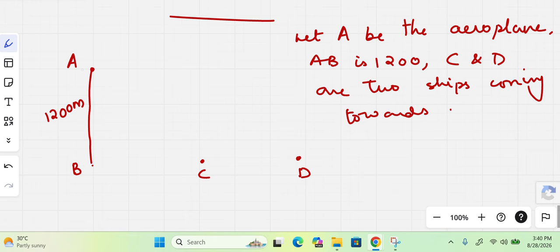Is that correct? So BC is the distance between the ship and the perpendicular.